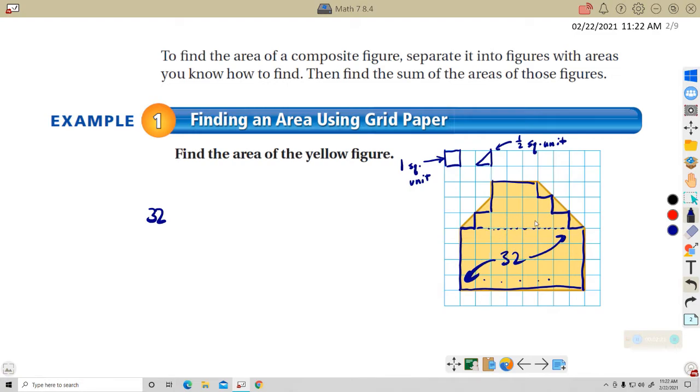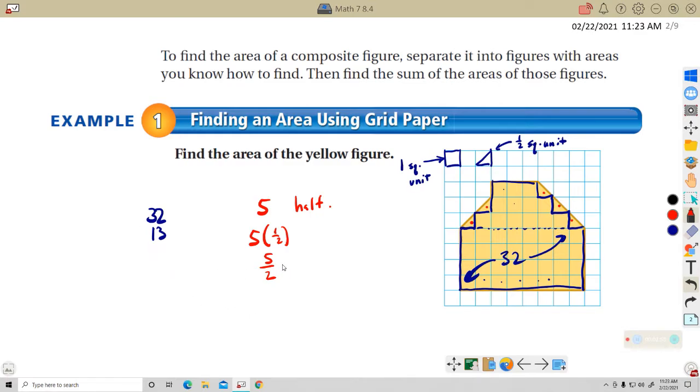And I've got 1, 2, 3, 4, 5, 6, 7, 8, 9, 10, 11, 12, 13. I've got 13. And now for my little half units, I'm going to keep track of half units separately. So half units, I have 1, 2, 3, 4, 5. I've got 5 half units. So I need to multiply that by 1/2, and I get 5 halves.